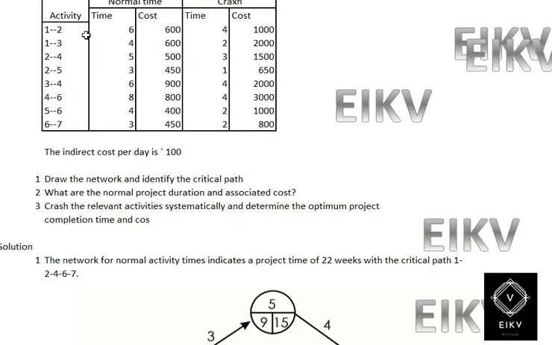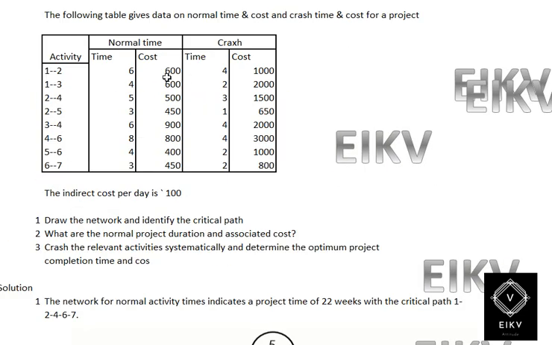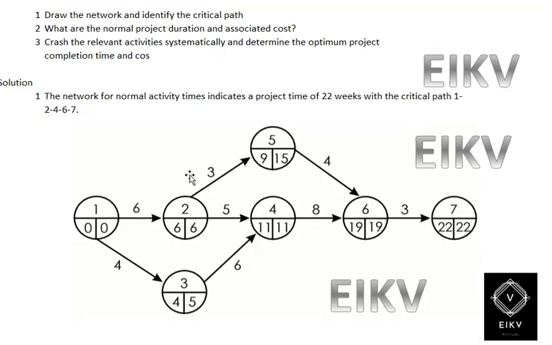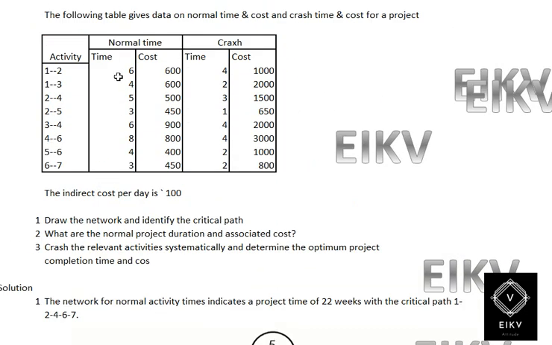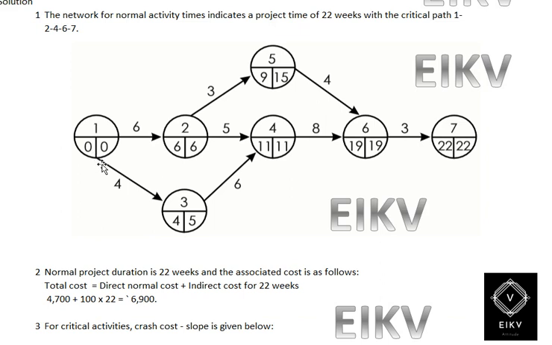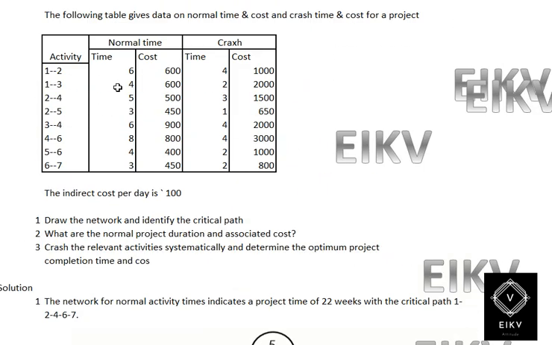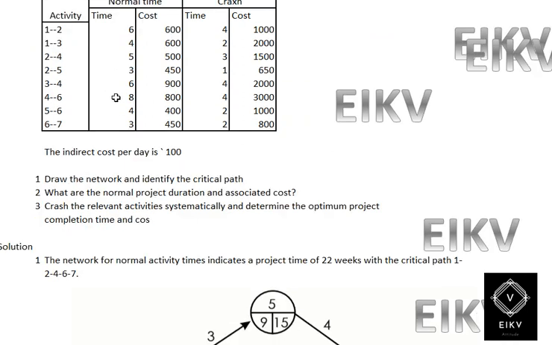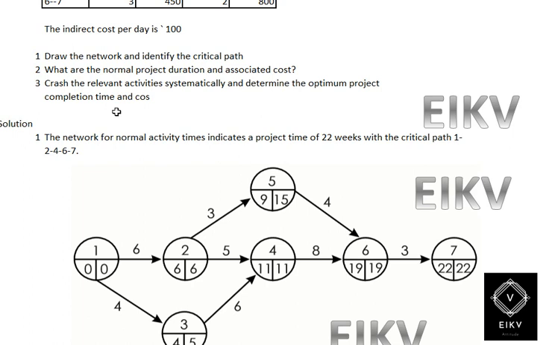The first activity, as we discussed, 1 to 2, it is 6 duration. Then 1 to 3 activity will be 4. So 1 to 3 it will be 4. Then we have 2 to 4, which is 5, and 2 to 5 it's 3.